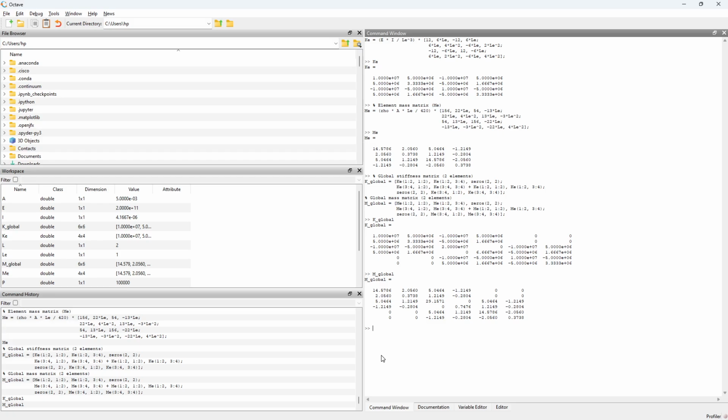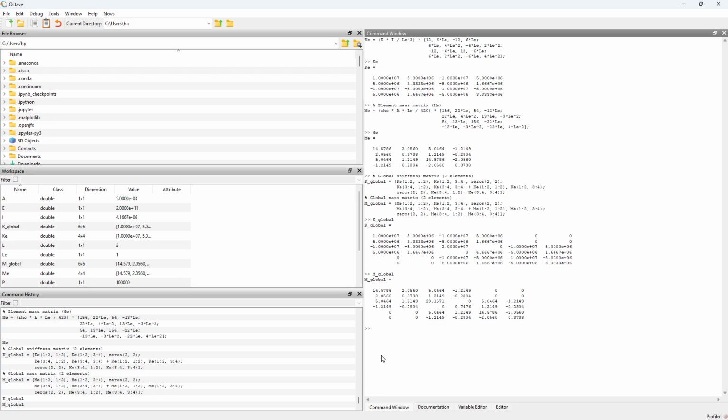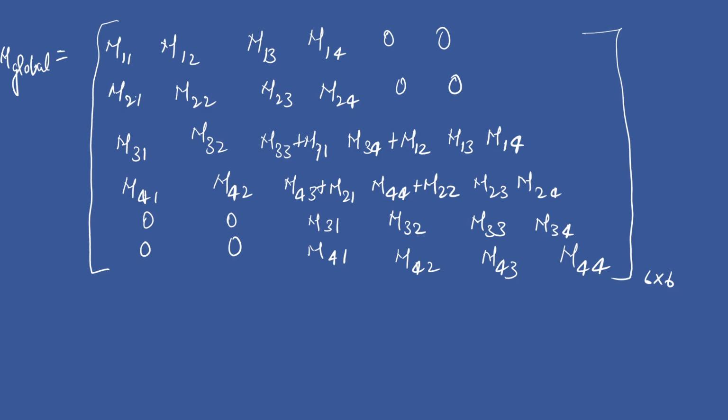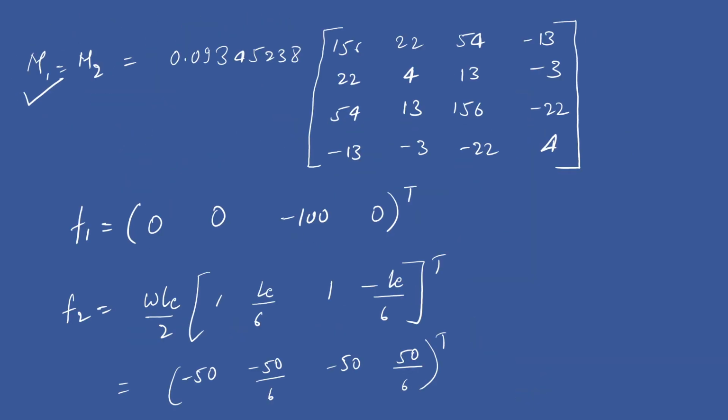So instead of doing the calculations, let's say at the calculator level or manually, you can utilize this numerical tool and simplify whatever solution you are making. So once you have that, you are having your global matrix with you, you are having your mass matrix available with you.